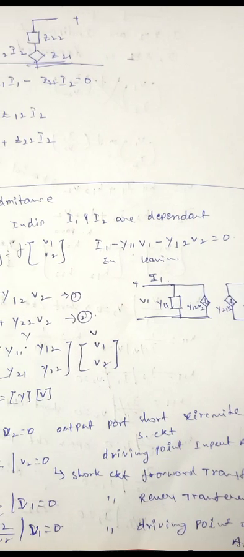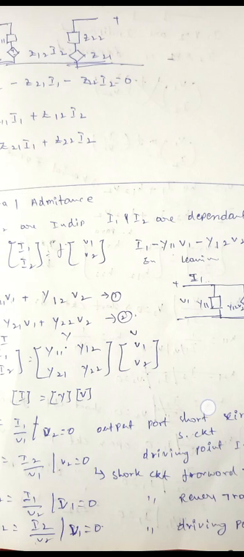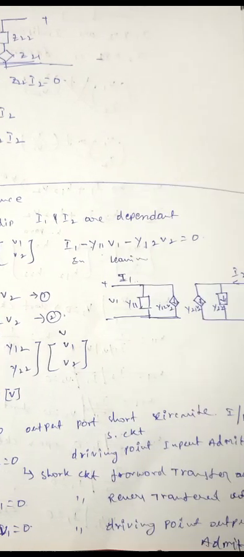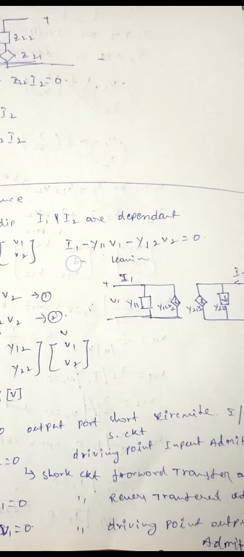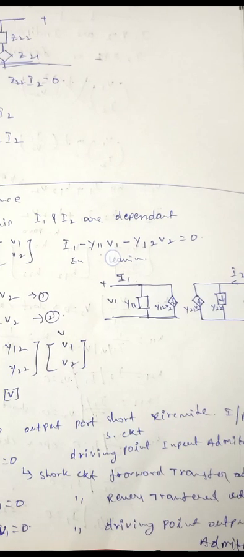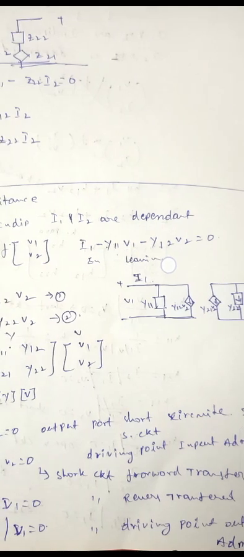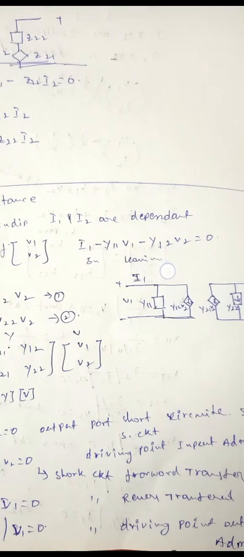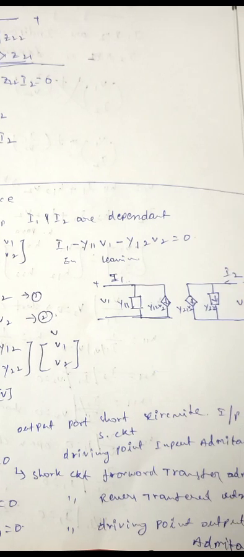So from the KVL equations we have I1 minus y11 V1 minus y12 V2 equals 0. That means the input current depends upon the input voltage as well as the output voltage into y12. So we will draw a circuit of the admittance parameters.